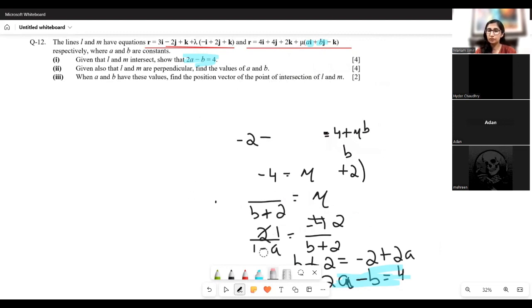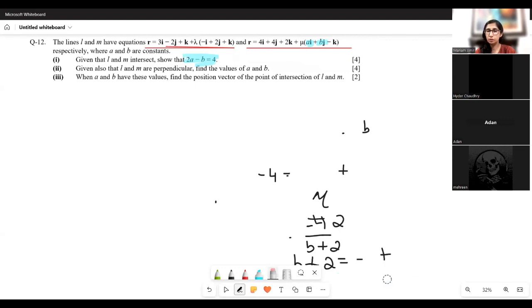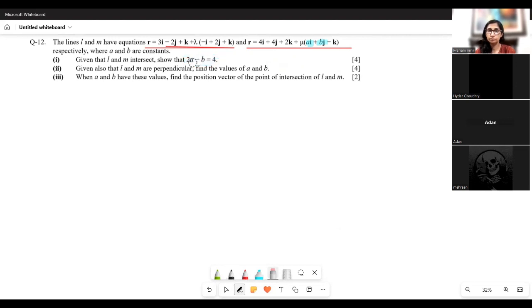Because as we've discussed many times before, the direction vectors are parallel to the original vectors. So if two vectors are perpendicular to each other, then their direction vectors are also perpendicular to each other. So the direction vector of line L is -1, 2, 1.